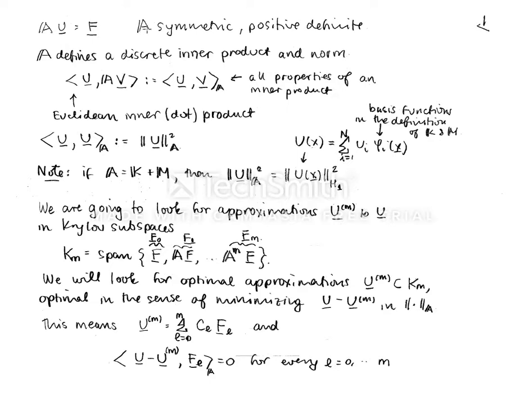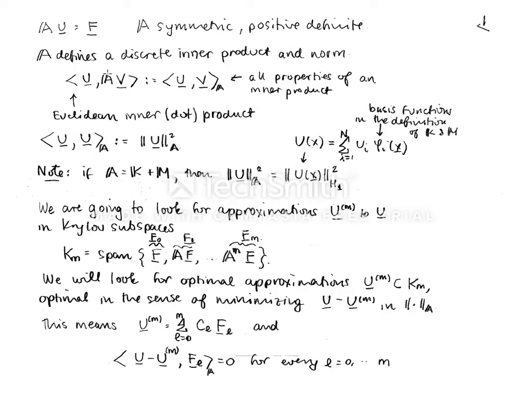And if A is a symmetric positive definite matrix, and you can look in the notes in the first few pages, that means this matrix A defines a discrete inner product and norm that's different from the usual Euclidean inner product and norm. How you get this new inner product between two vectors of n components is you take the inner product of u and this matrix A times v.